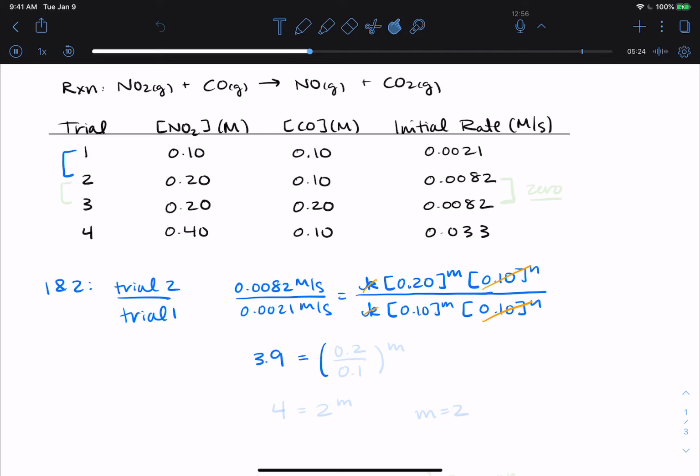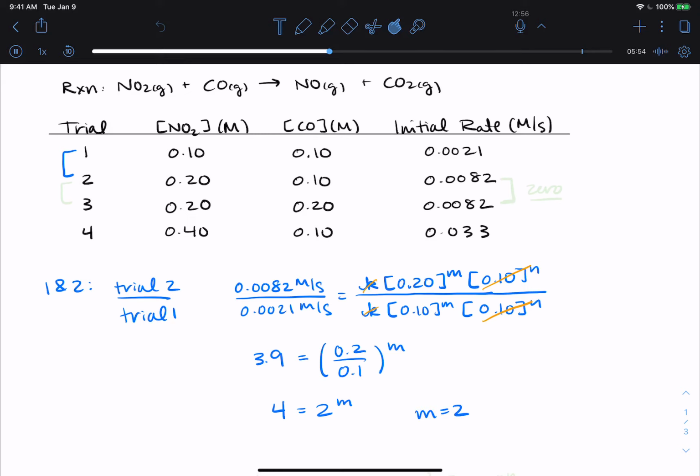I can combine the 0.2 over 0.1 inside parentheses and just keep one of those powers since that power is the same. So what I'm actually solving is 4 equals 2 to the m power. You could probably solve this without doing anything else, right? So 2 to the second power is 4, so m equals 2.